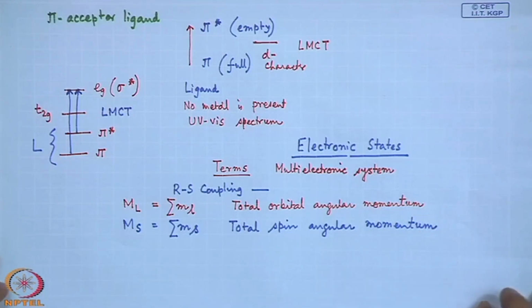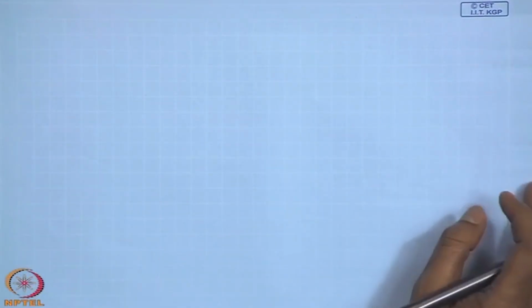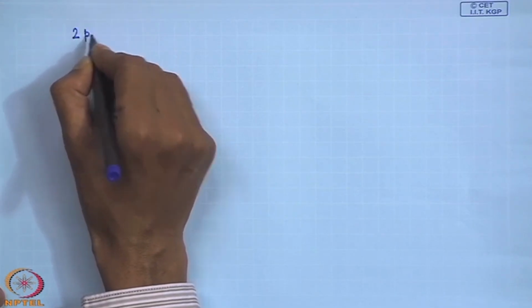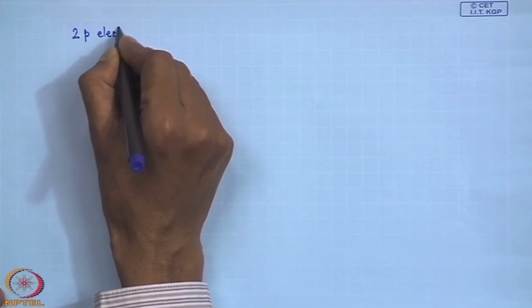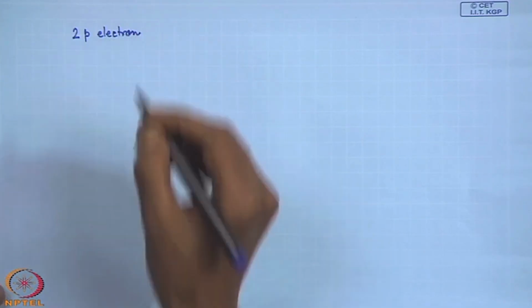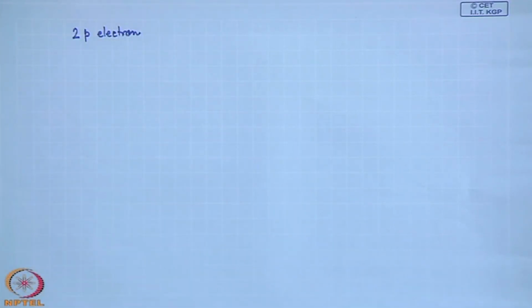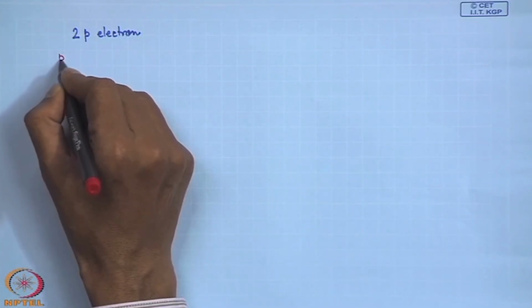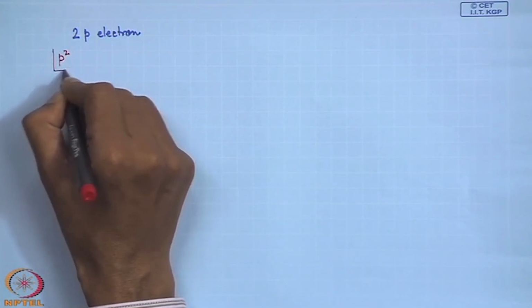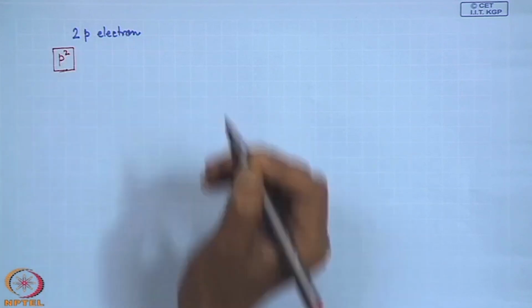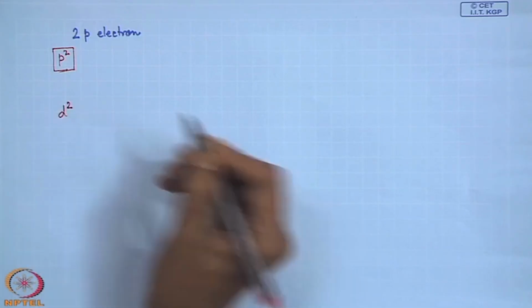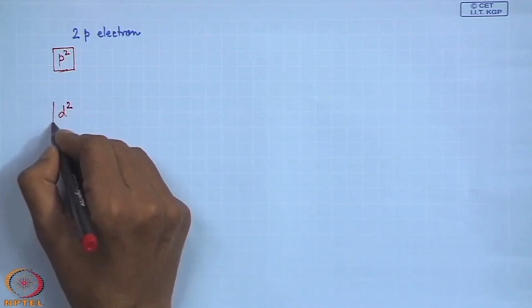So, that gives us the total spin angular momentum. If we have a 2p electron system, in a particular electronic state we can have, for example, a p2 electronic configuration.